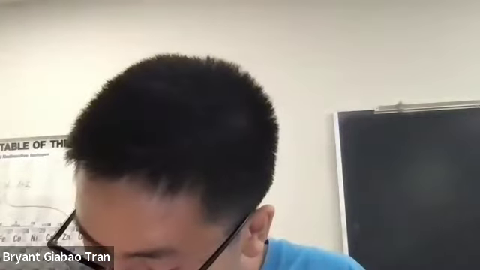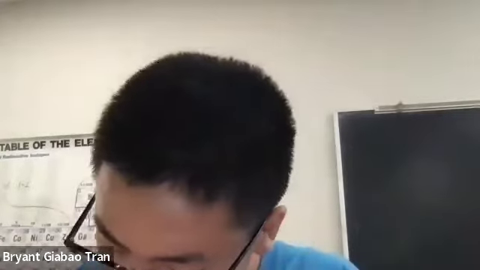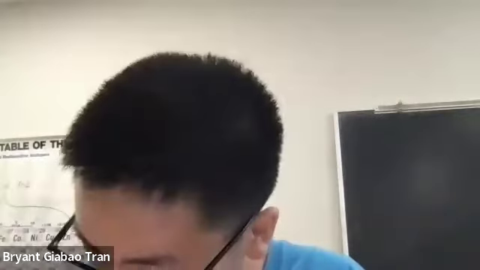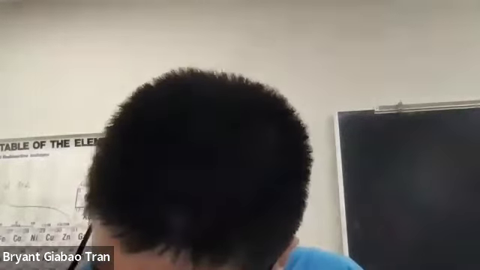What you will see is silver plus ammonia and water. There are multiple ways to see this, but the most important thing here is silver. You can also see silver, ammonia, OH.